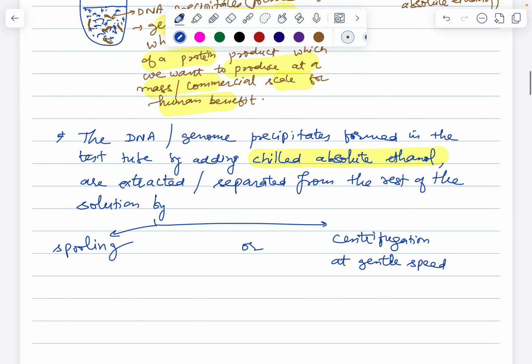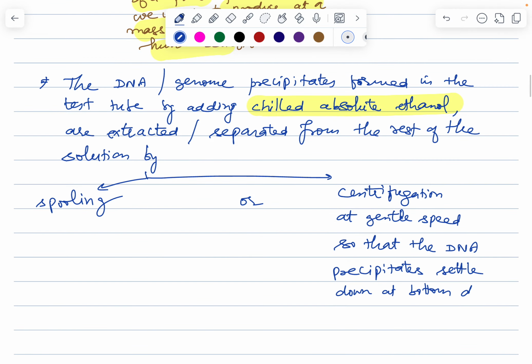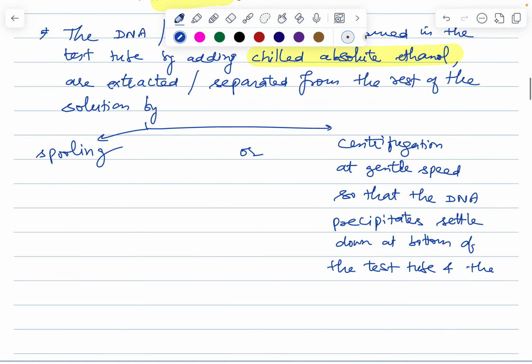Okay, so DNA precipitates can be extracted by centrifugation at a gentle speed so that the DNA precipitates settle down at the bottom of the test tube, and the rest of the stuff can simply be discarded. The remaining solution that stays on top can be discarded.